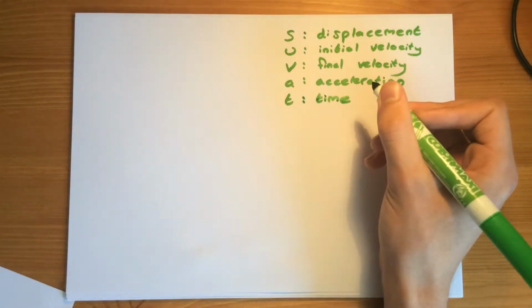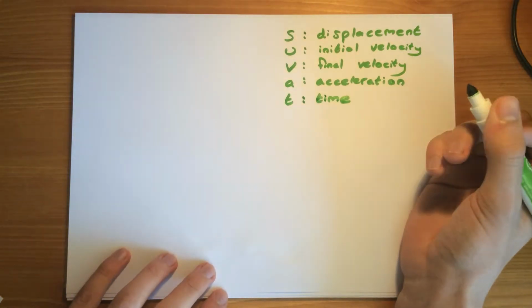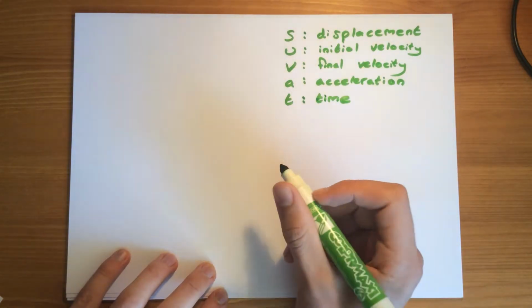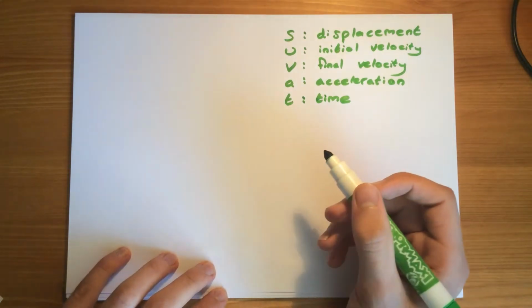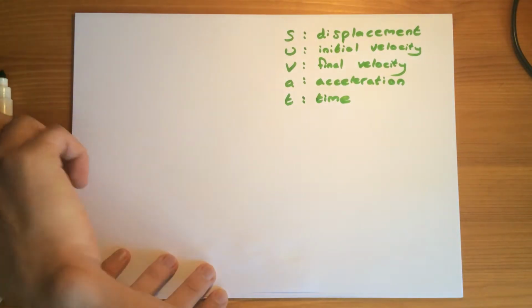Okay, so I'll write down the SUVAT equations. Hopefully you'll be familiar with them, but even if you're not, then you can get to see how they're derived, and that'll help build some intuition behind them.